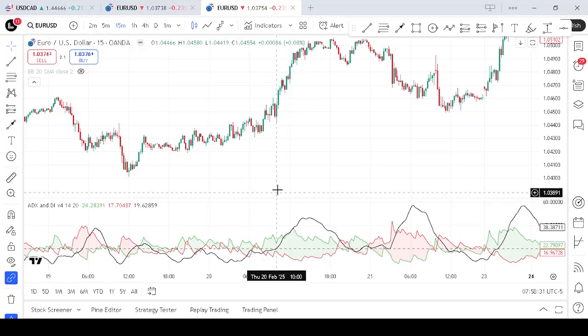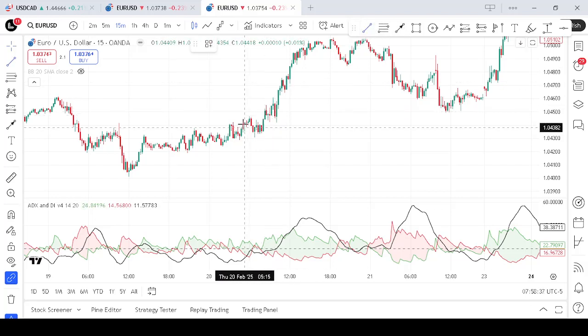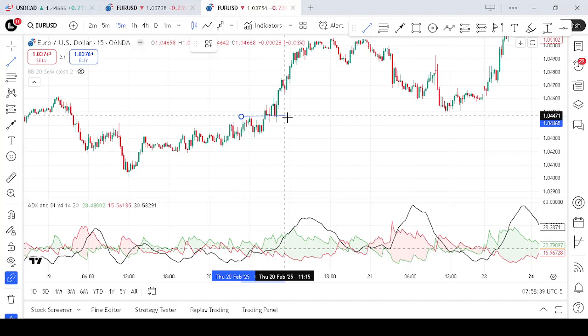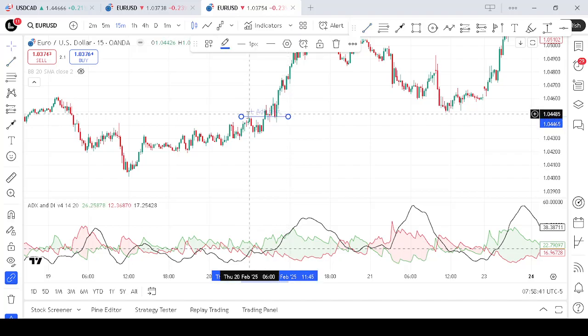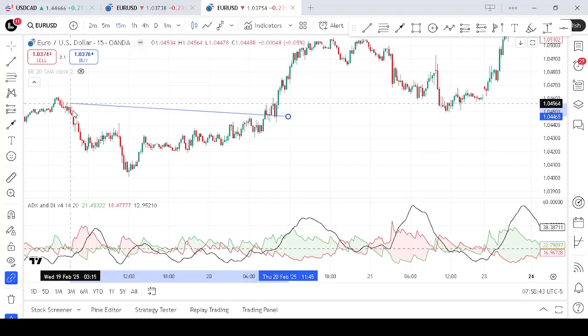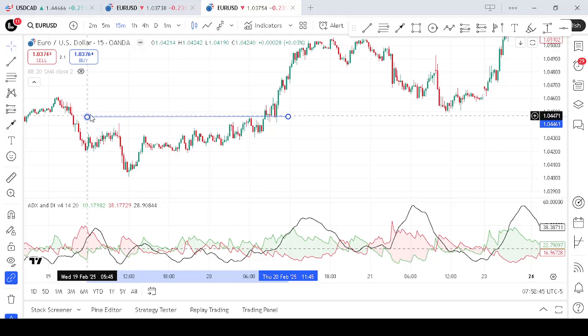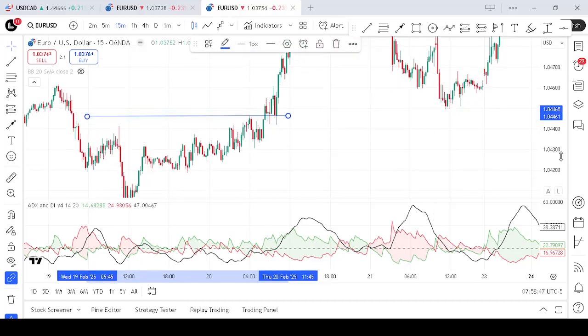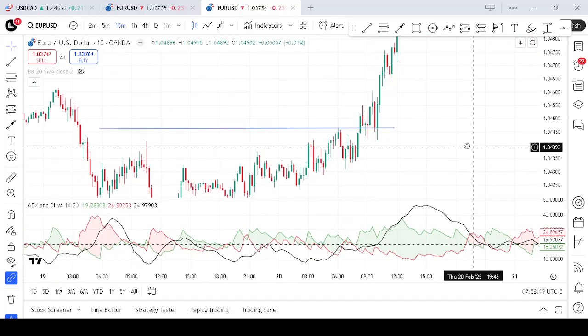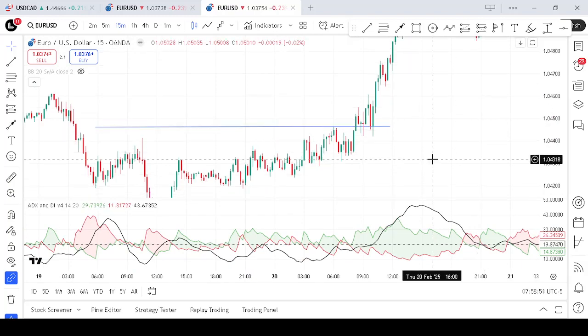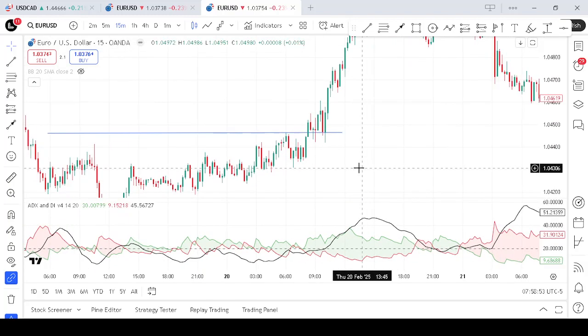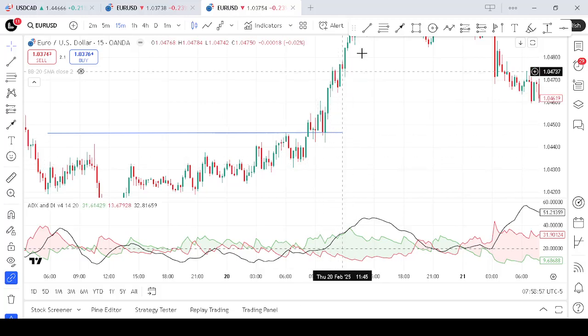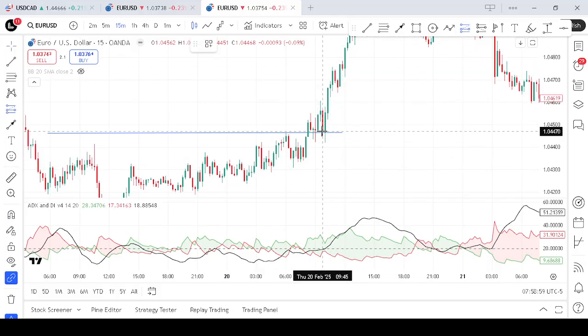You wait for price to break above a recent resistance line. When price breaks through a recent resistance line, that signals our buy signal. Once it breaks through, you can enter your trade at that particular area.